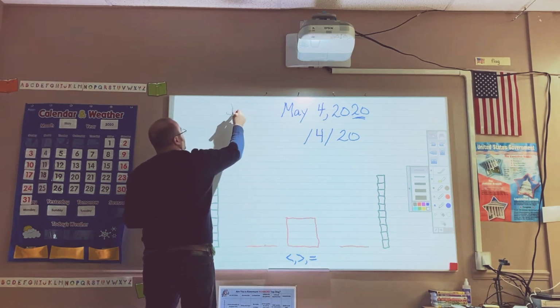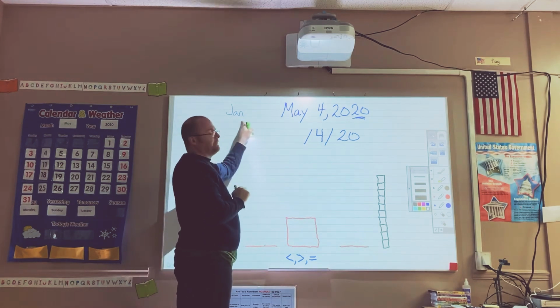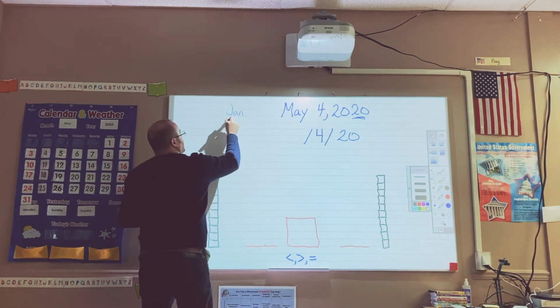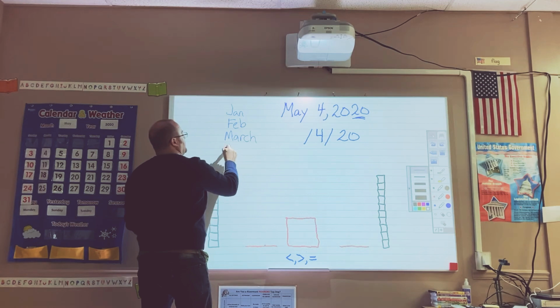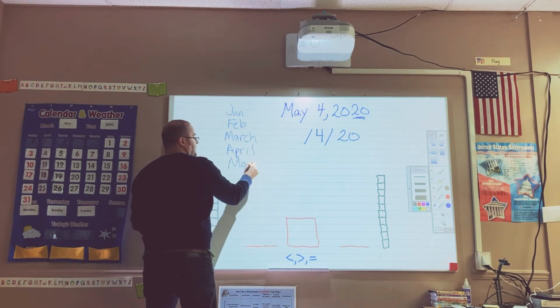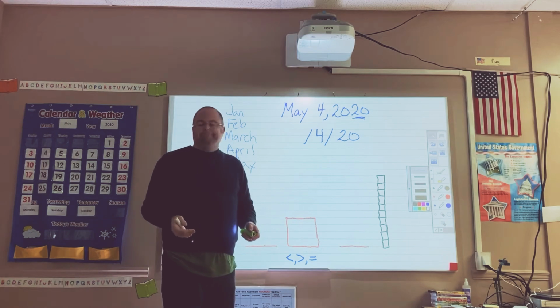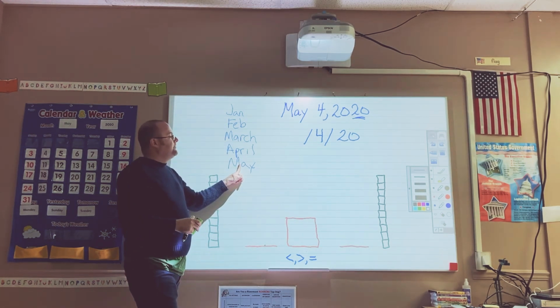You can say January. We don't need to write the whole word. You can just write it in abbreviated form, the first 3 letters. February, March, April, May. Do I need to keep going? No. I've got to the month that I need to know.